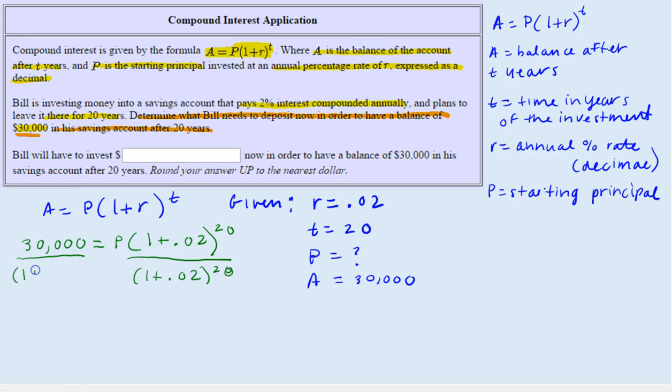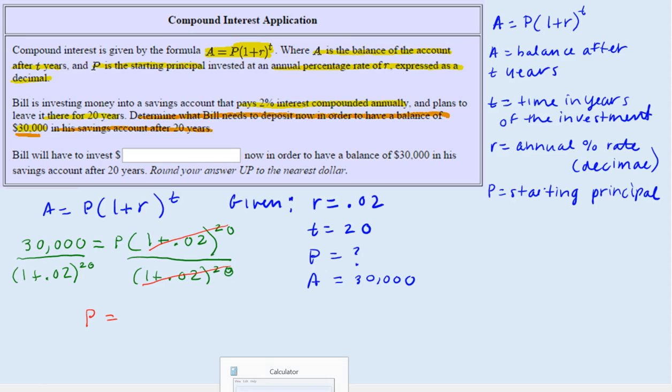And as soon as I write it, I'll tell you why. We don't want to estimate too soon, so I'm going to cross these out. This divided by itself is 1. We're just left with P, and now we're going to put this directly into the calculator. So rather than evaluate this and estimate the number, you want to put this in all at once because you can get round-off error.